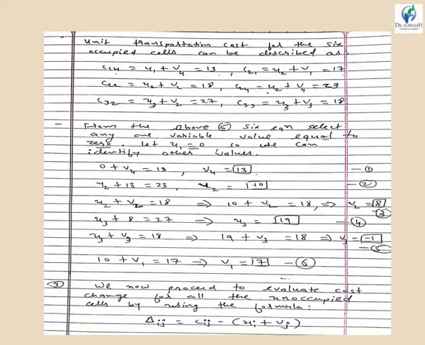Similarly C24 is equal to u2 plus v4 is equal to 23. Then C32 is equal to u3 plus v2 is equal to 27, and C33 is equal to u3 plus v3 is equal to 18. Now from the above 6 equations, select any one variable value equal to 0.